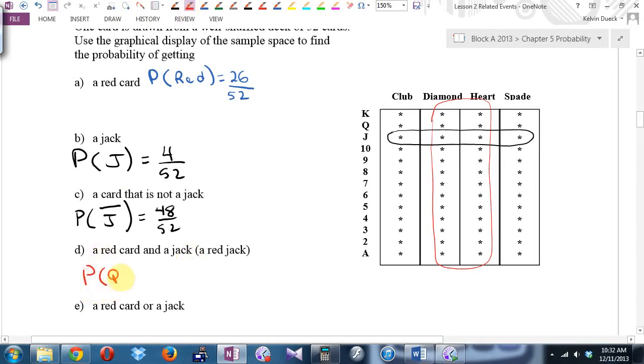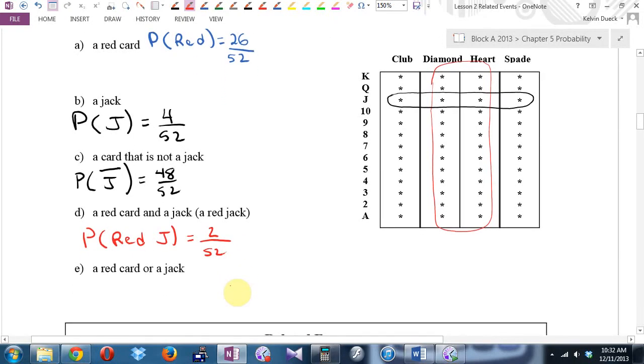Probability of red jack, 2 out of 52. The word and in probability means both at the same time. So it has to be both red and a jack at the same time.